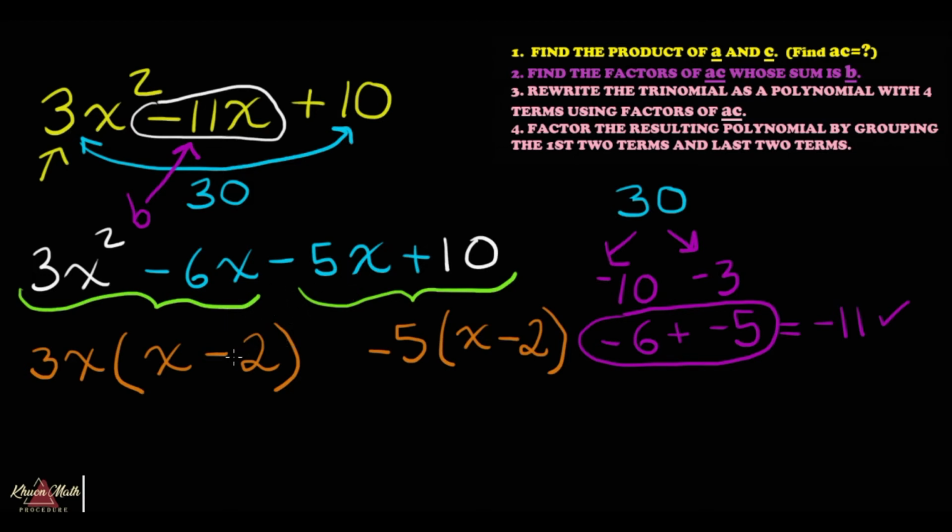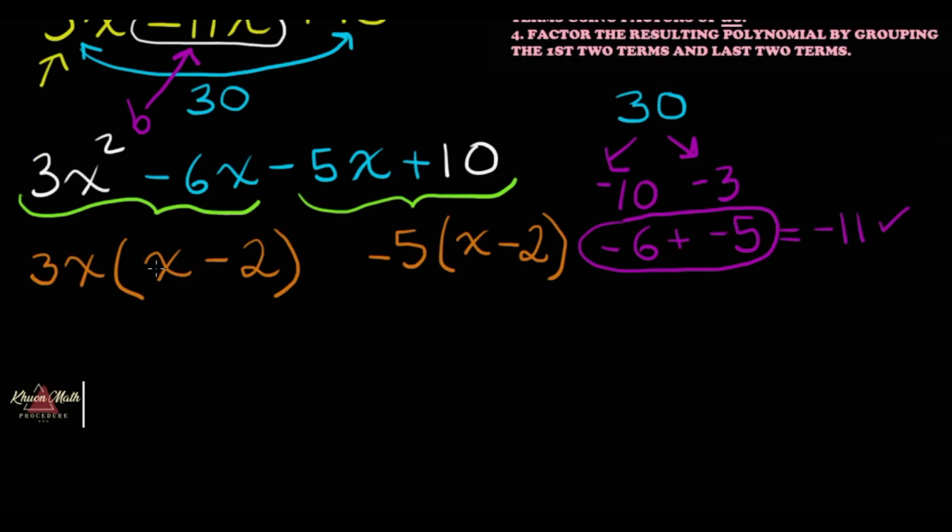Now you have 2 binomials. For each group, we see if there is a common factor that we can pull out. Looks like they both have x minus 2. So you get x minus 2 there, and x minus 2 there.